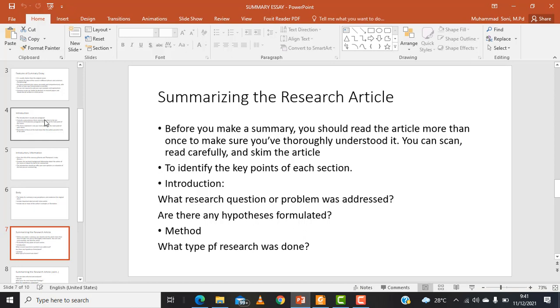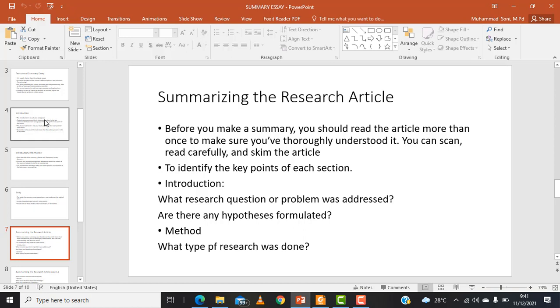But if you make a summary from a book or an article, you have to read it carefully and understand it. If there are so many main points in the book or the article, you have to highlight them, and then you put them down into your summary using your own words.